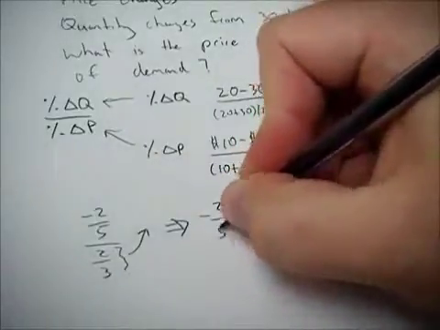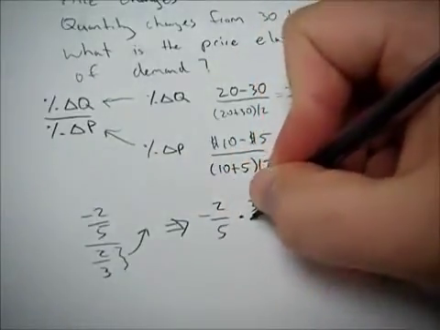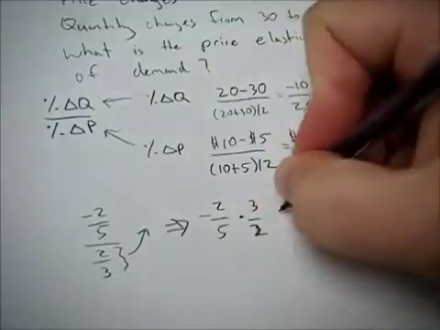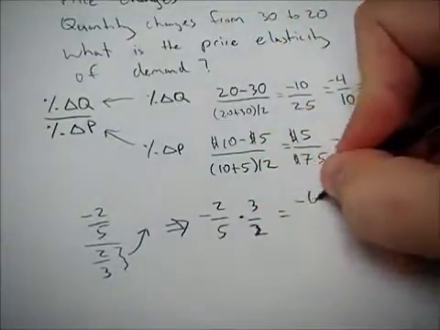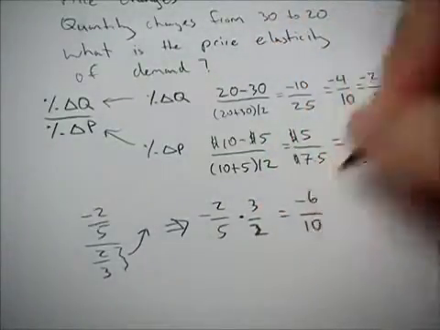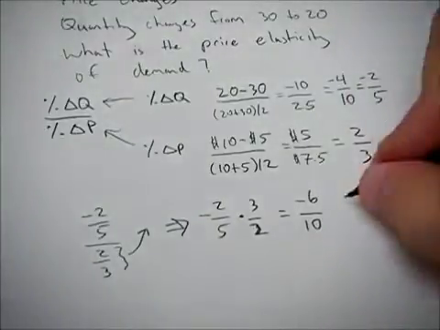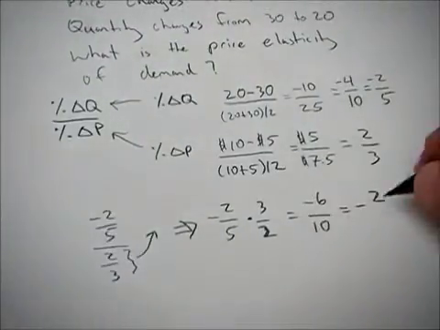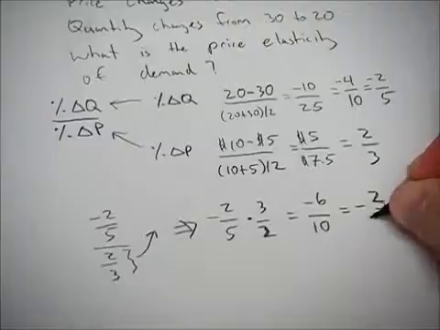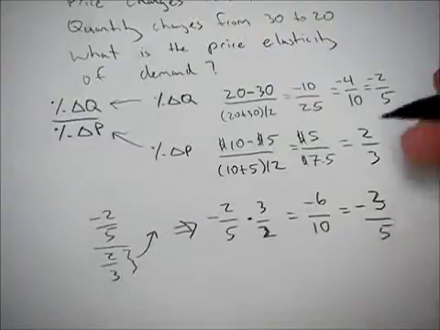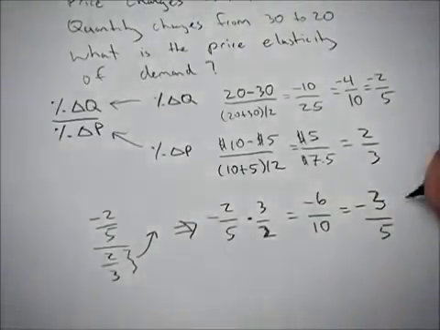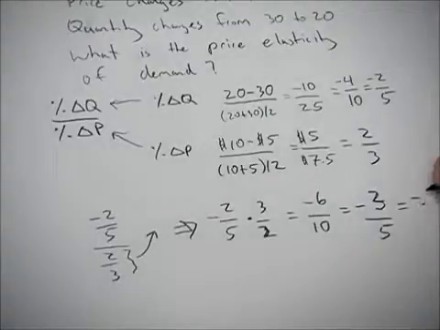So we get negative 2/5 times 3/2. And so that's going to give us negative 6 over 10, or negative 3/5 if we divide both these by 2. And that's just going to be negative 0.6.